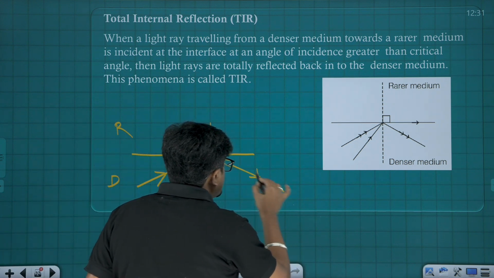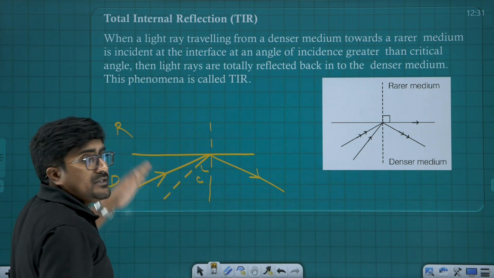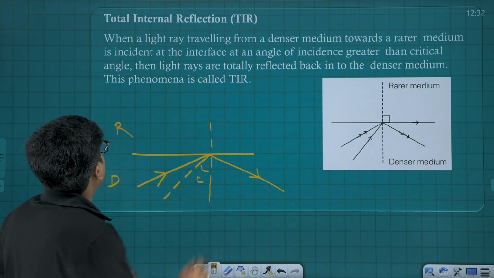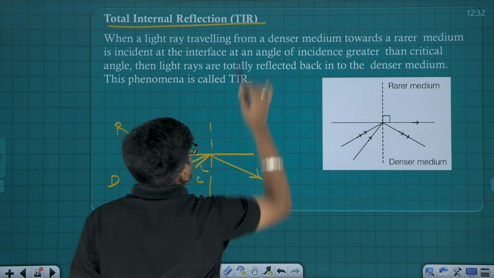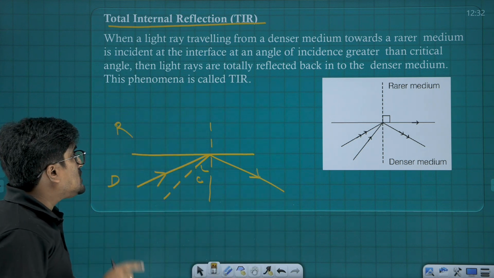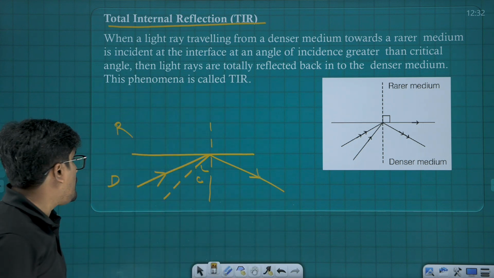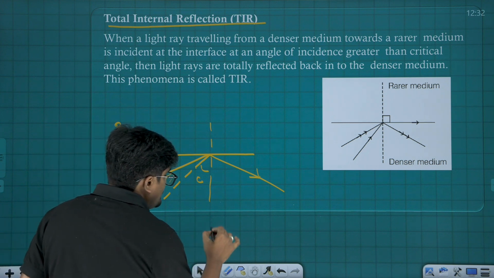The light will be sent back to the denser medium. That phenomenon is known as total internal reflection.